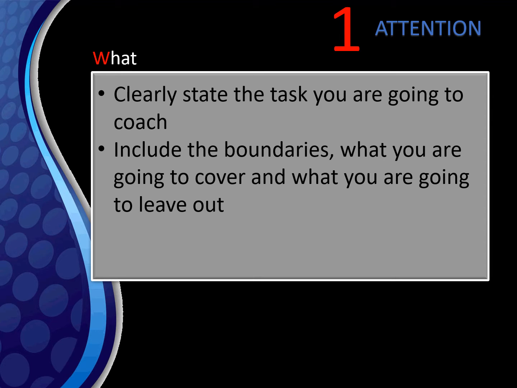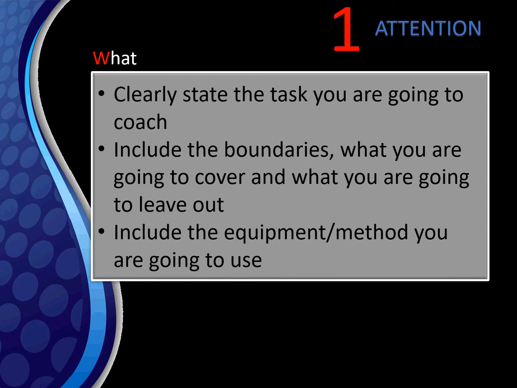Within the what statement, you need to include the boundaries. In other words, what you are going to cover and what you are going to leave out. And you also need to include the specific equipment, method, materials, etc. that you are going to use during this task.